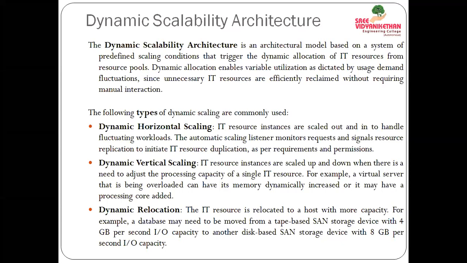Going on to the next type, that is dynamic vertical scaling. Dynamic vertical scaling means we'll be varying the capacity within the availability of the device capacity. You got it, okay? So we'll be varying up and down. Either we'll be increasing the capacity within the device, or decreasing it.